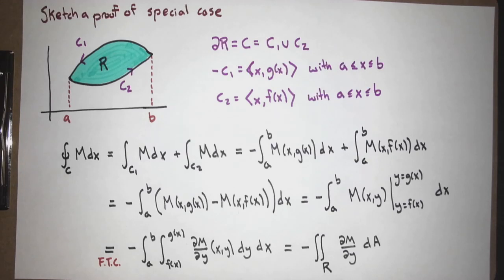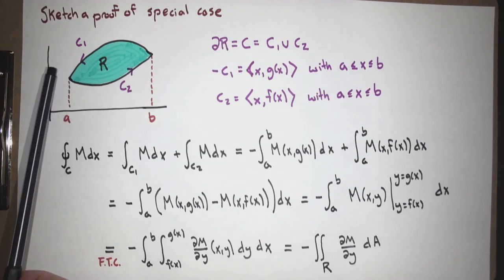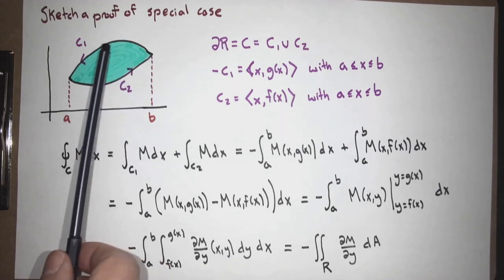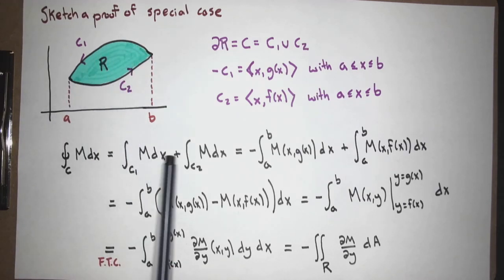Okay, so here's the idea. We're going to integrate along the curve just a part of it, m dx. Instead of doing the whole curve, we'll do it in 2 parts, curve 1, curve 2. You're allowed to break it up into pieces.